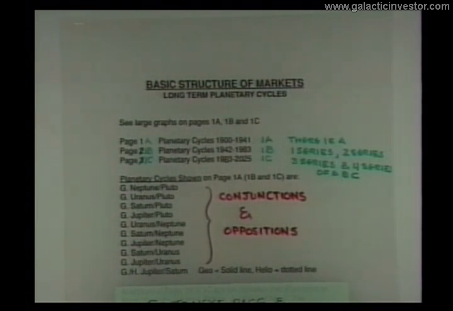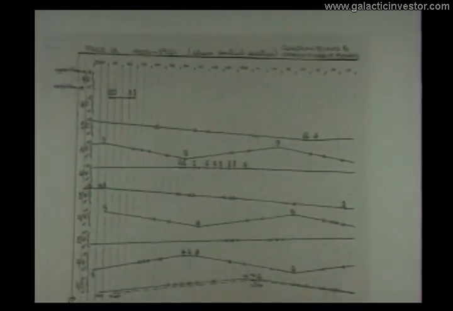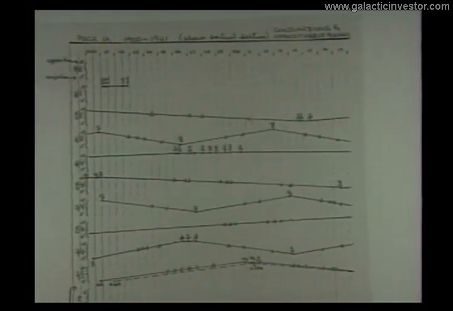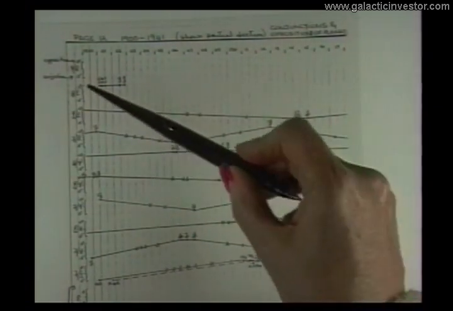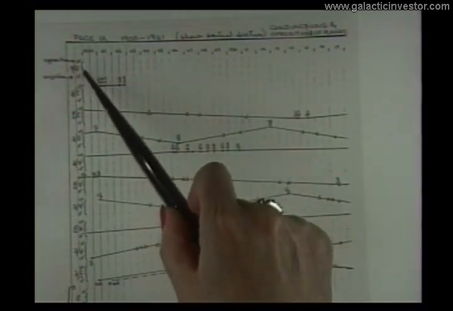So let's go now to your first chart of the new handout, which will be the page 1A, which would be your large sheet that you would be looking at, but we're just going to look at this small sheet of it. And this 1A shows you right here on the side, we have the oppositions and the conjunctions of the planets.